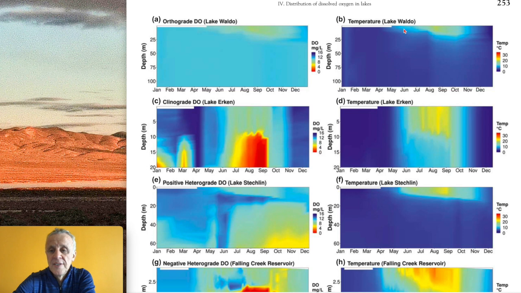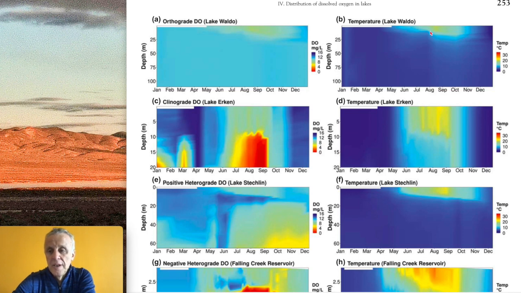And then this is temperature in Lake Waldo. Also, we are not seeing a lot of thermocline here. We are not seeing even any change in stratification or any turnover whatsoever, except for maybe it gets a little warmer at the surface, but it's not propagating to depth.